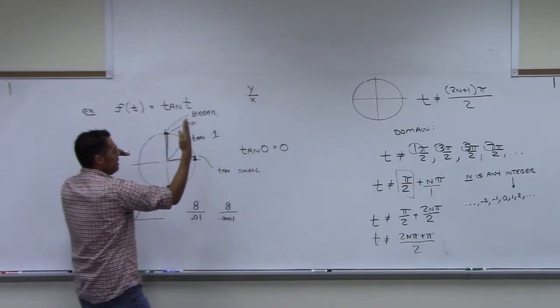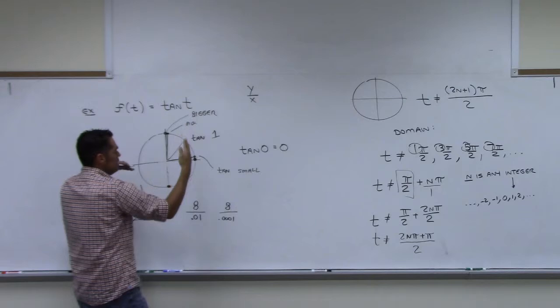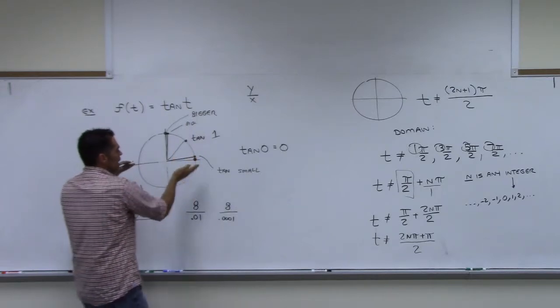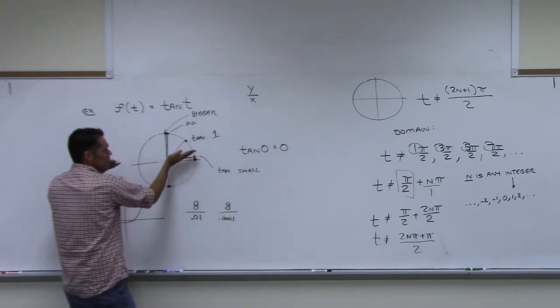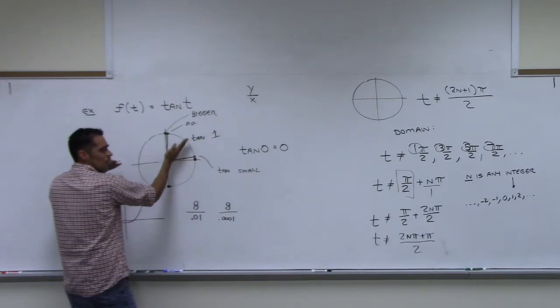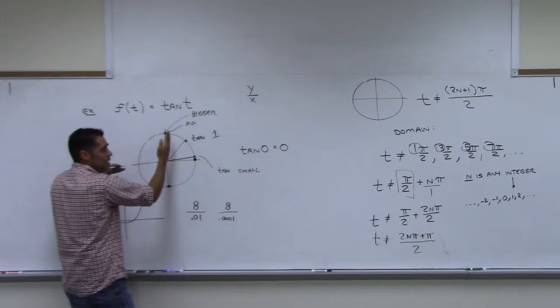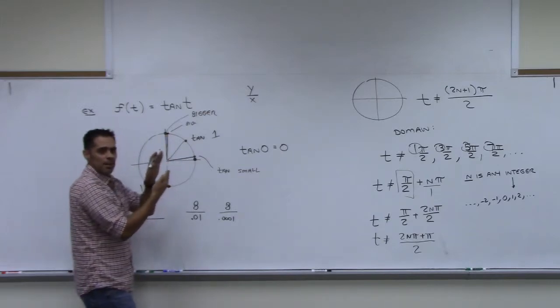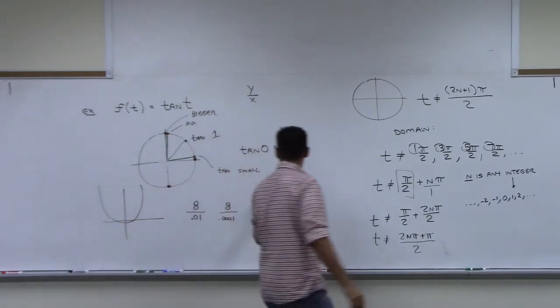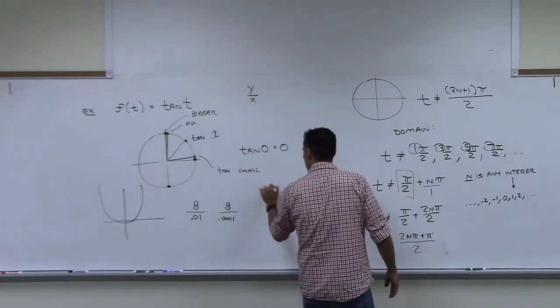So what's happening here is that this function, at 0, it's 0. And then as you start to plug in values, it starts to get bigger, gets to 1. And then as you get close to pi over 2, it starts to really get big. And the closer you get to pi over 2, the bigger and bigger it gets. So you get this picture. We're not ready to graph these. We're going to graph these next class.